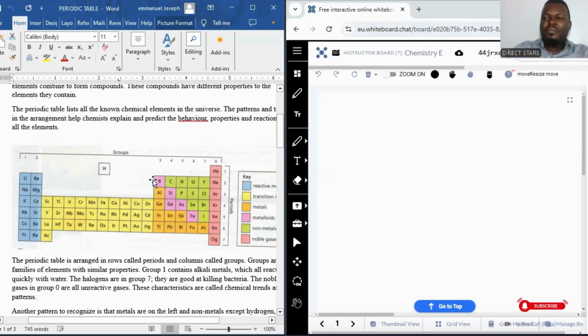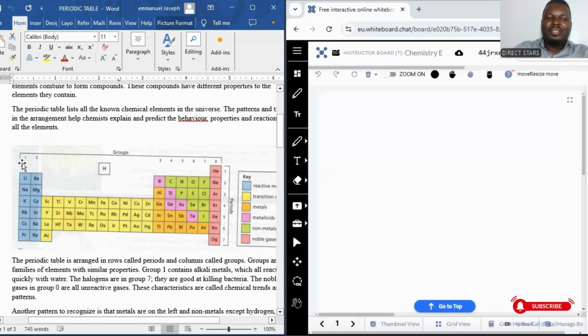Now, when you observe this table, you would notice we have various elements represented with their symbols on this periodic table. The colors you can see here represent the type of elements you can find. The very reactive metals are the ones that are colored blue, okay?